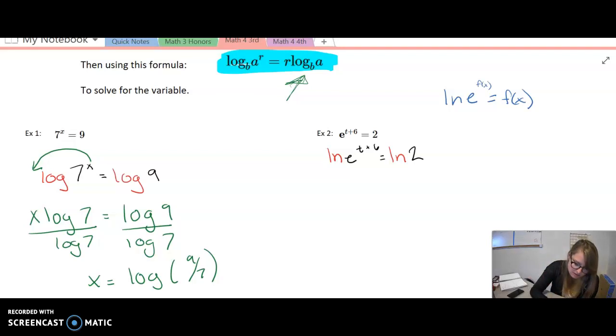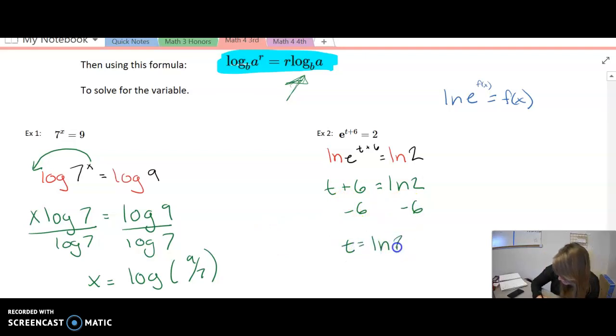So what this means here is that t plus 6 is going to be left alone. We don't have to move it. So then we have t plus 6 equals the natural log of 2. Then from here we need to solve for t. So I'm going to subtract 6 from both sides, and then I have t equals the natural log of 2 minus 6.